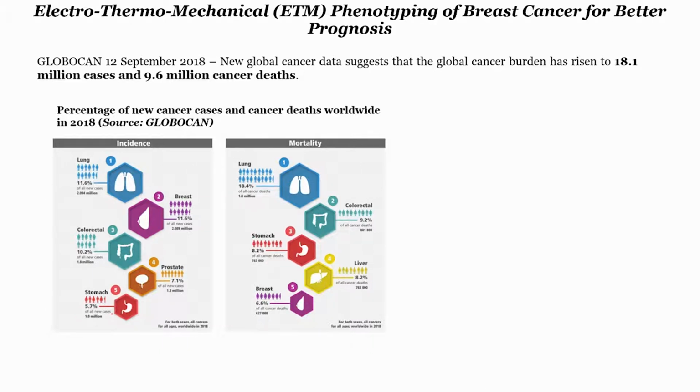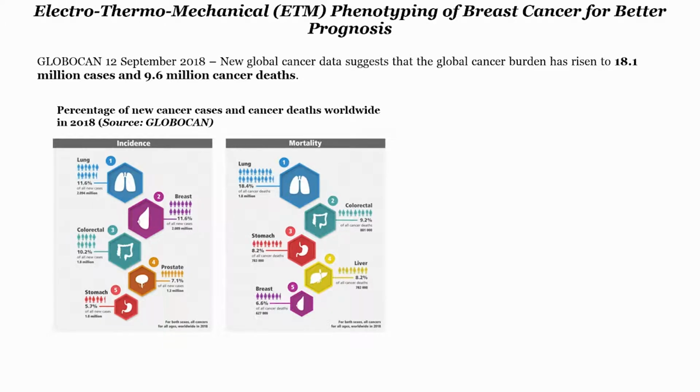When you look at the mortality ratio, you will see that lung cancer has 18.4% mortality, that means 1.8 million deaths. When you talk about colorectal, about 8,81,000 patients die. Stomach cancer about 7,83,000, liver 7,82,000, while breast 6,27,000, and this is for both sexes and all ages worldwide.